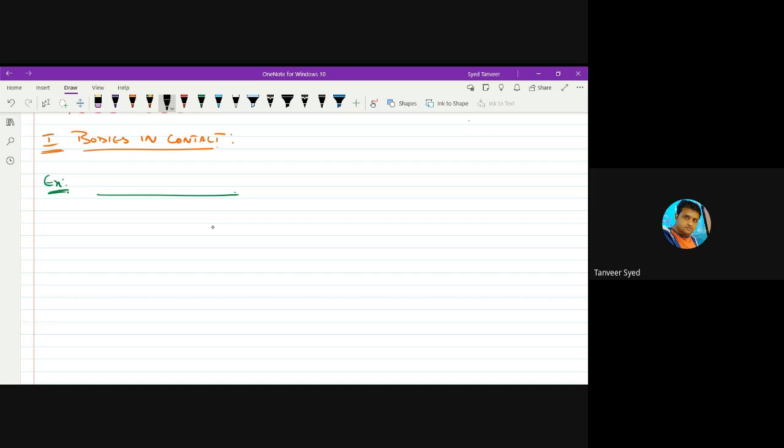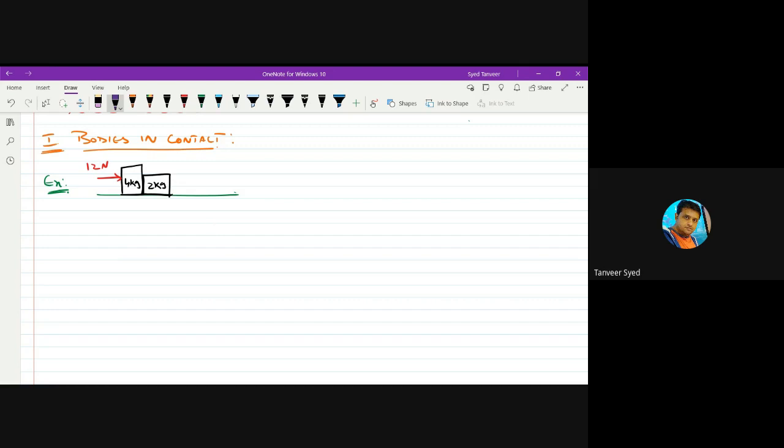First of all, this is a horizontal smooth surface. And on this surface, we have a body of mass 4 kg, and another body of mass 2 kg. These two bodies are in contact with each other. And on the 4 kg body, I am applying a force of 12 Newton. What happens?